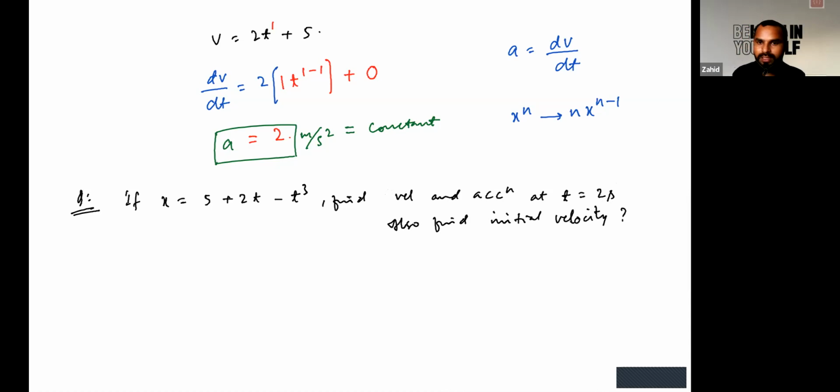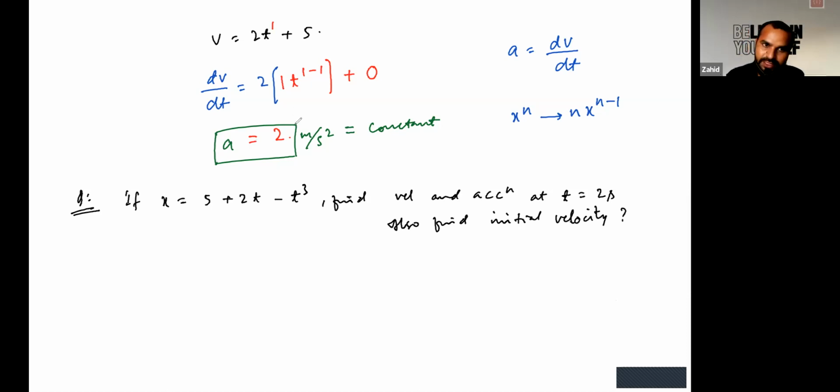We have to calculate initial velocity, then velocity at t equal to 2 seconds, and acceleration at t equal to 2 seconds. Okay, just 1 minute.